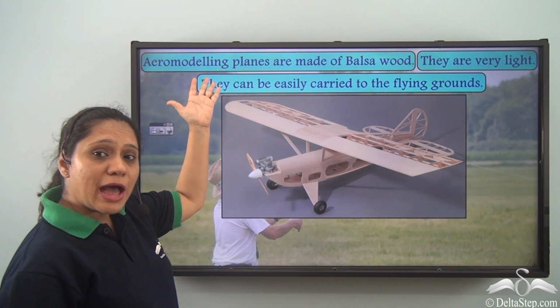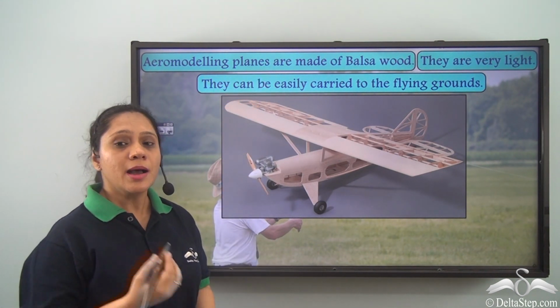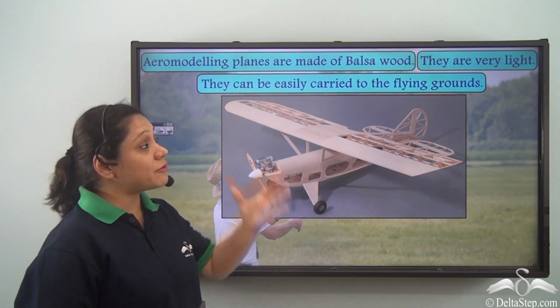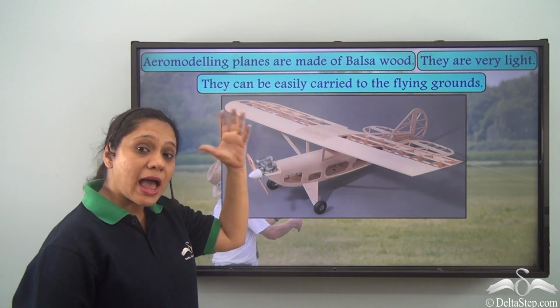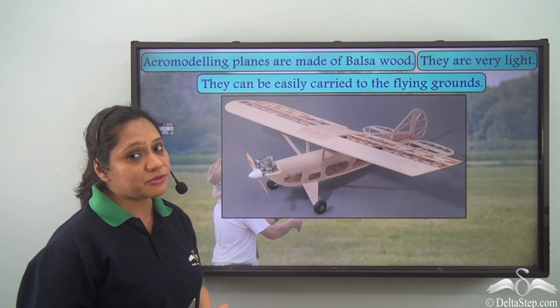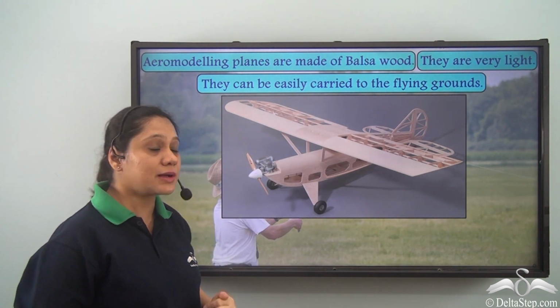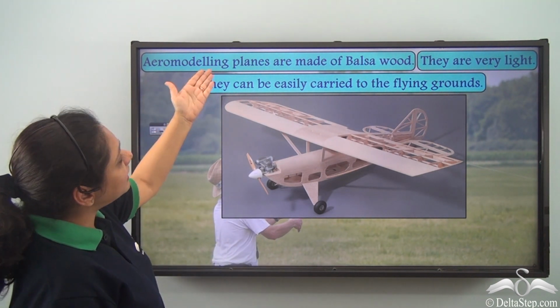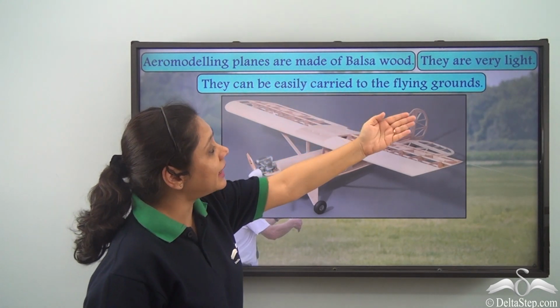Now here we have three simple sentences which we have to join to make a compound sentence. So we have three simple sentences, which means we have three main clauses and we have three finite verbs. Let us read the sentences and then identify the verbs. Aeromodeling planes are made of balsa wood. They are very light.